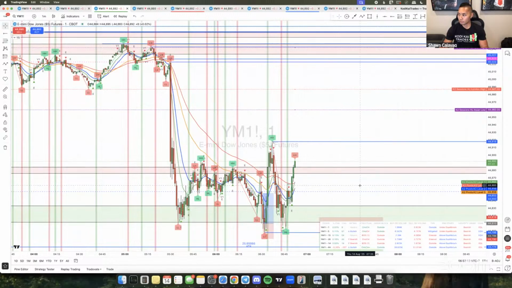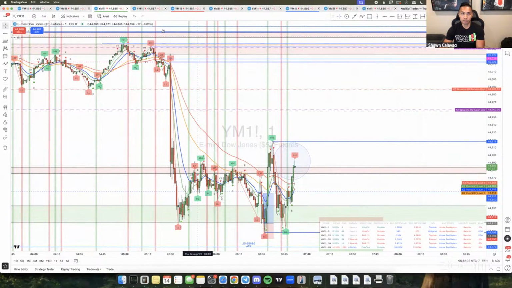All right, here we go as price pushes up higher. So again, look out for the fake out here. Possible fake out and pull back down below. There's two things that can happen here.